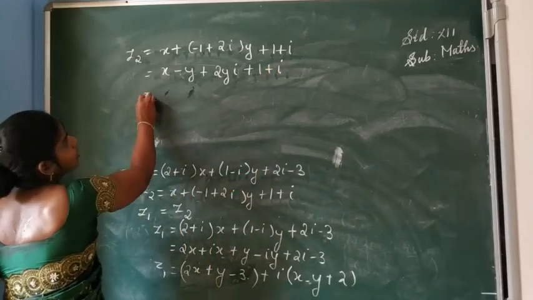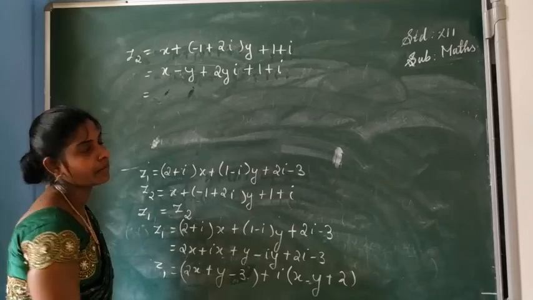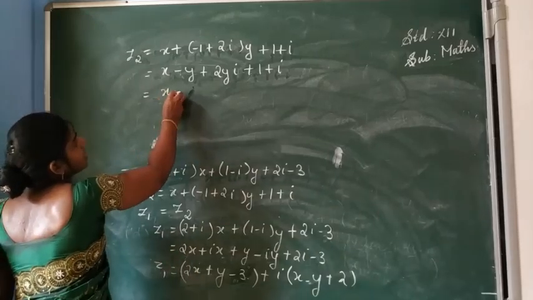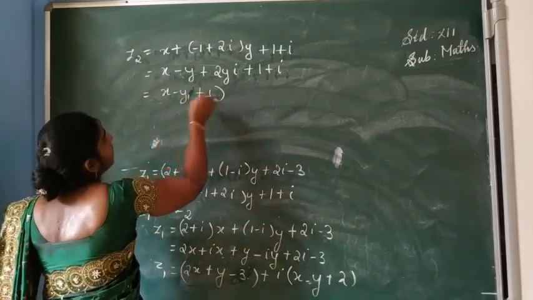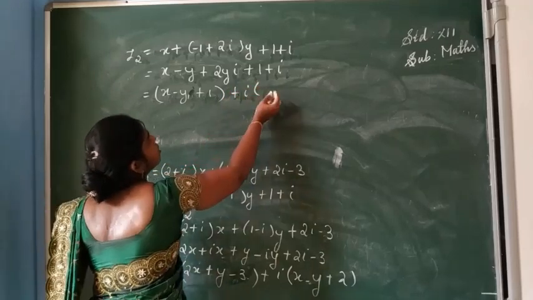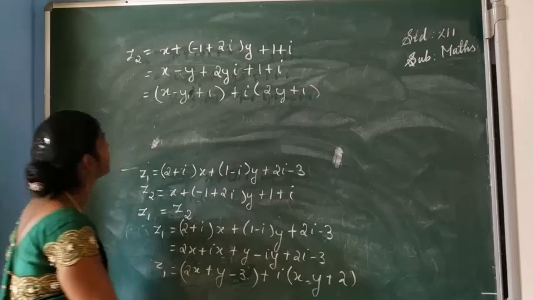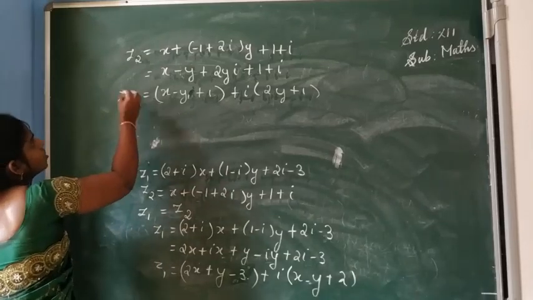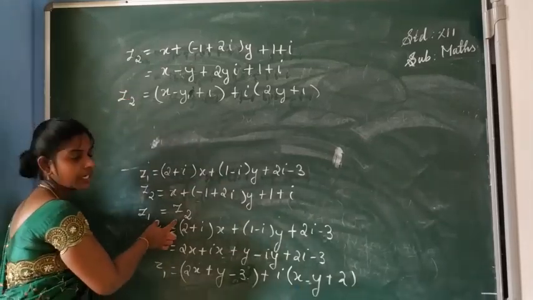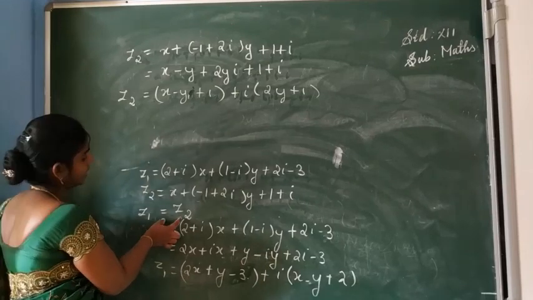So that's equal to, we can combine the real part and imaginary part. So x minus y plus 1 plus i into 2y plus 1. So this is Z2.